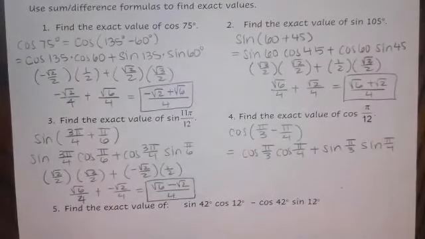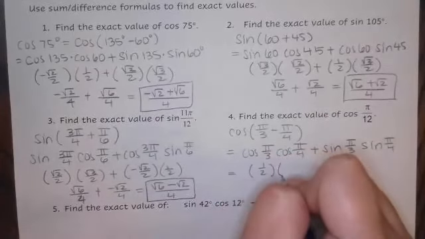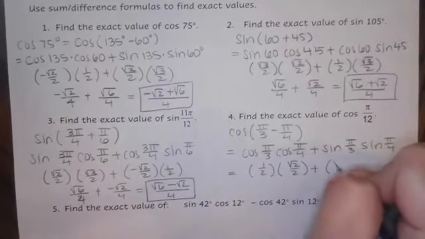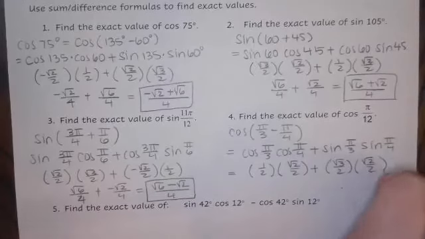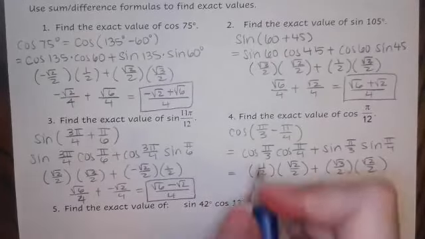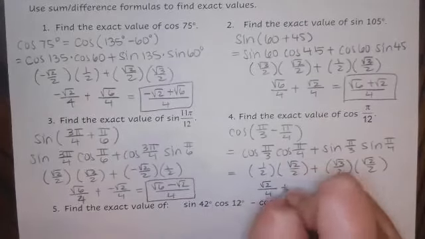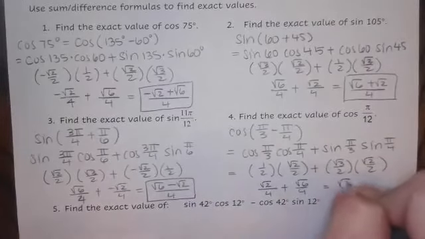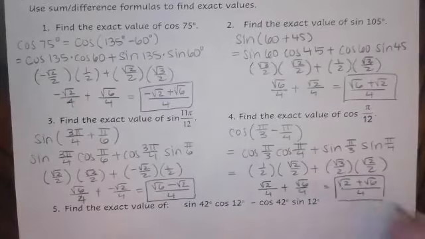Once we set those up, then we come up with our ratios. And so that is 1/2, root 2 over 2, root 3 over 2, and root 2 over 2. We are getting the same numbers since we used basically the same ones, just switched around. And so that gives us root 2 over 4 plus root 6 over 4. And there's the exact value.